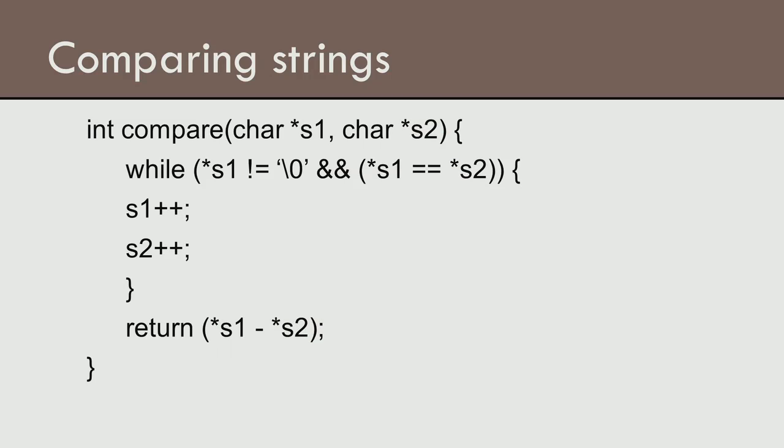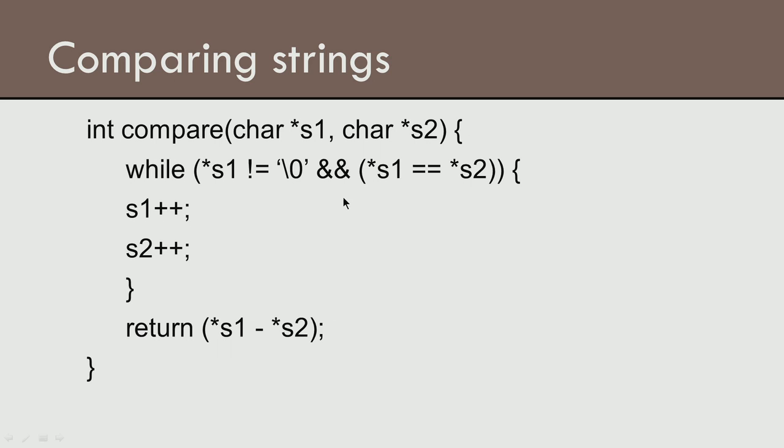So let us look at the compare function. There is a while loop which iterates till S1 reaches the end of string, and the control remains inside the loop as long as the character under process in the string S1 and the character under process in the string S2 are identical.